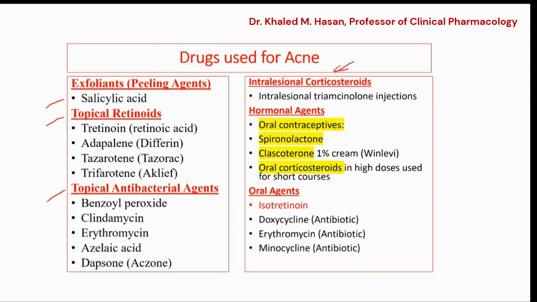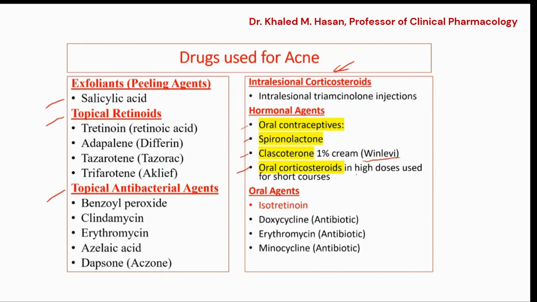Hormone therapy, yes, for acne, could be oral contraceptives. Sometimes we use spironolactone, and we have another medication, considered a new medication in the market, with the brand name Winlevi and the generic name clascoterone cream 1%. And oral cortisone sometimes.